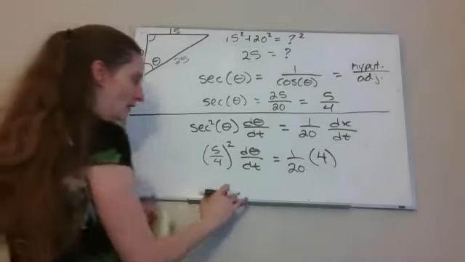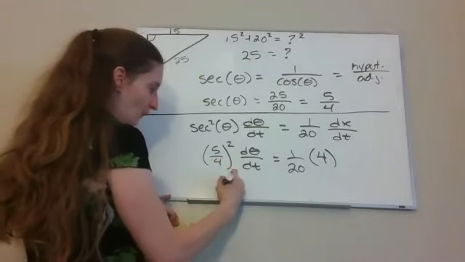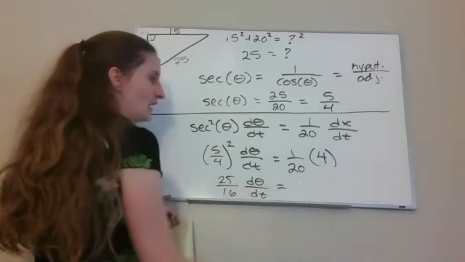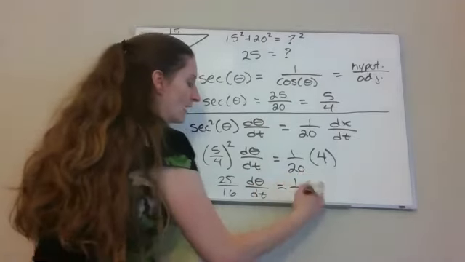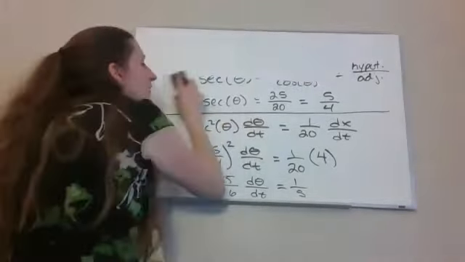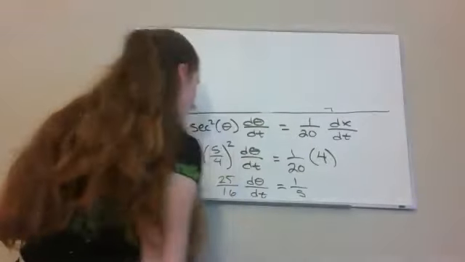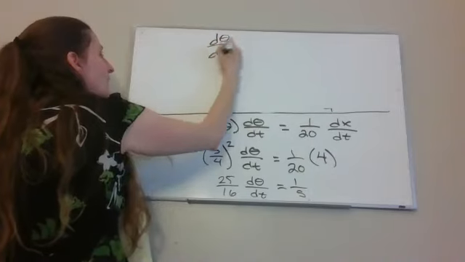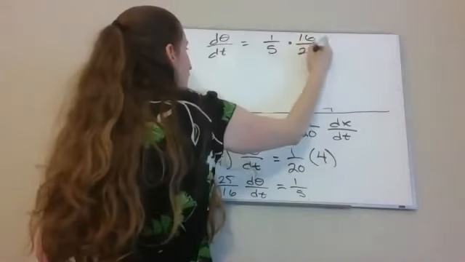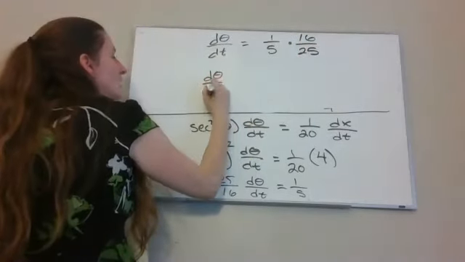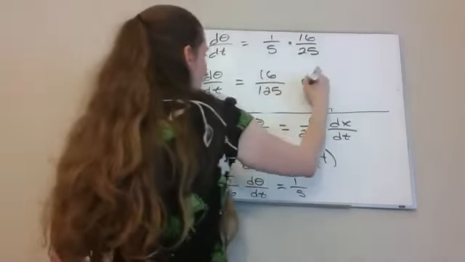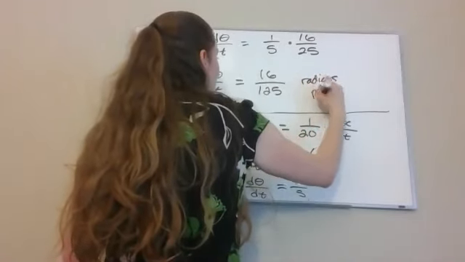So let's simplify. 5 over 4 squared is 25 over 16. I have dθ/dt equals 4 times 1 over 20, which is 1/5. So this means that dθ/dt is equal to 1/5 times 16 over 25, which when I multiply those together, I get 16 over 125 radians per second.